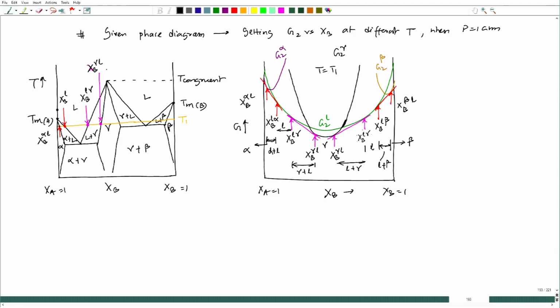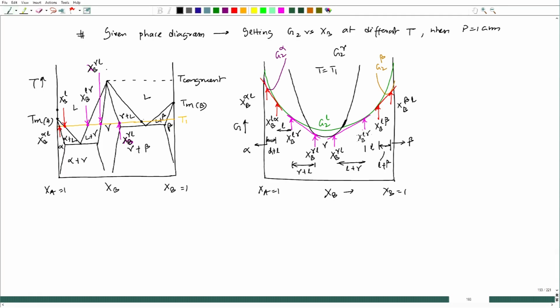Exactly the similar situation is appearing on the free energy composition plot. Then we have this composition, which is X_B gamma in equilibrium with liquid on the B rich side.